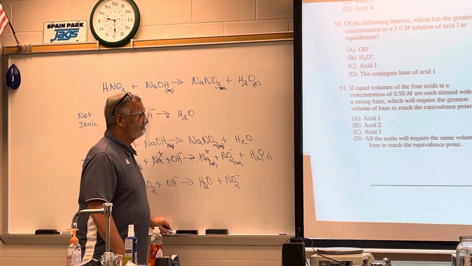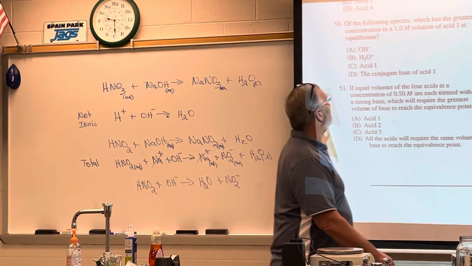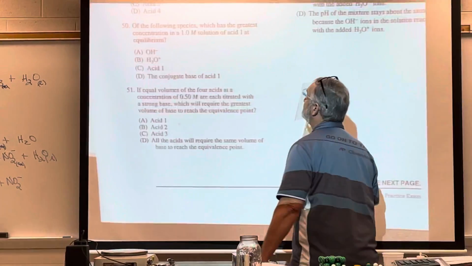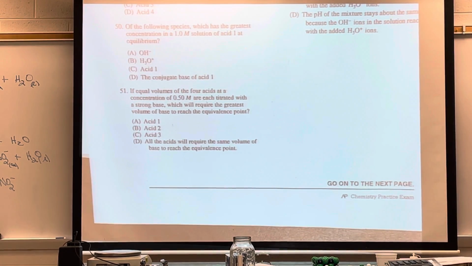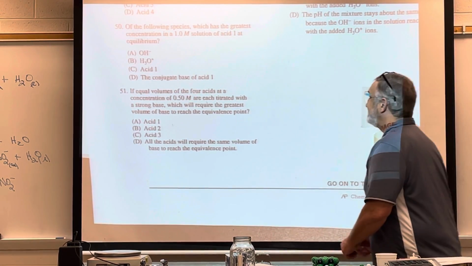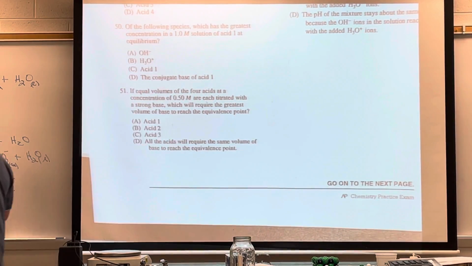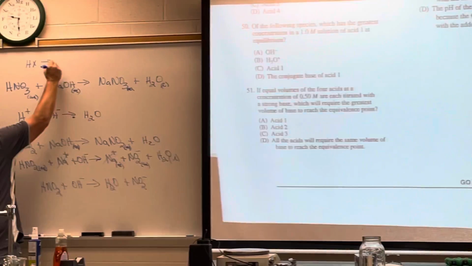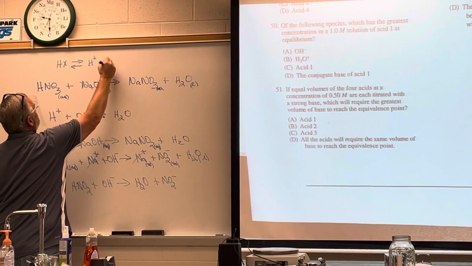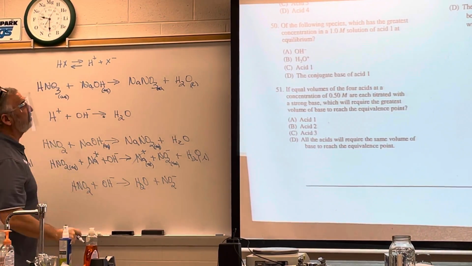All right. 50. Of the following species, which has the greatest concentration in a 1 molar solution of acid 1 at equilibrium? Okay, so acid 1 we said was a weak acid. HX. H plus. And we're starting with 1 molar of this.